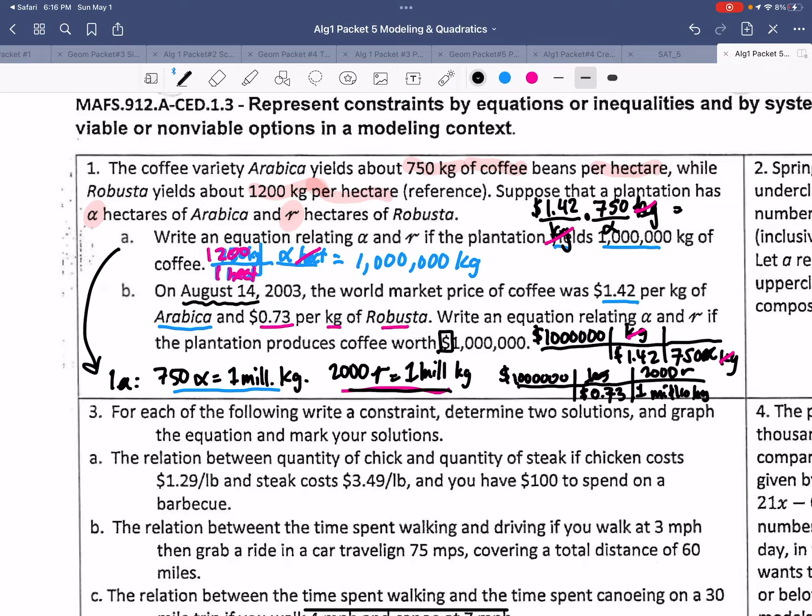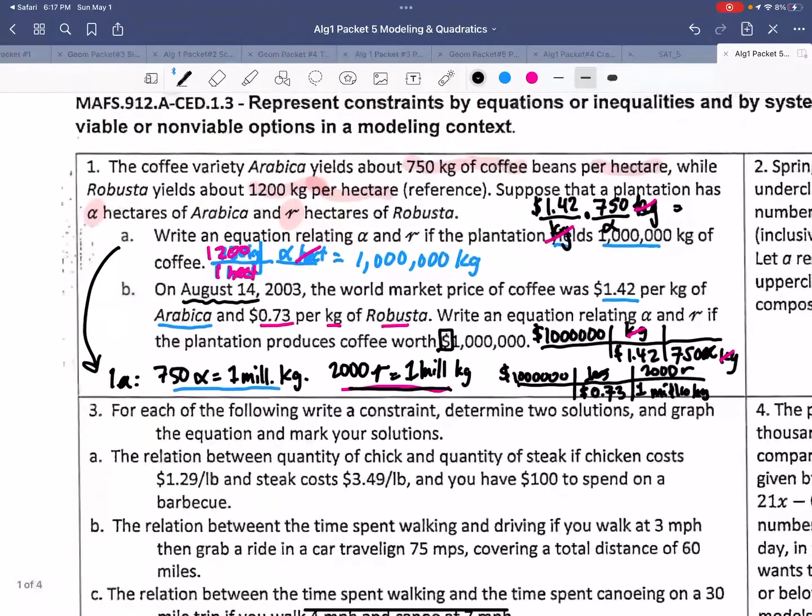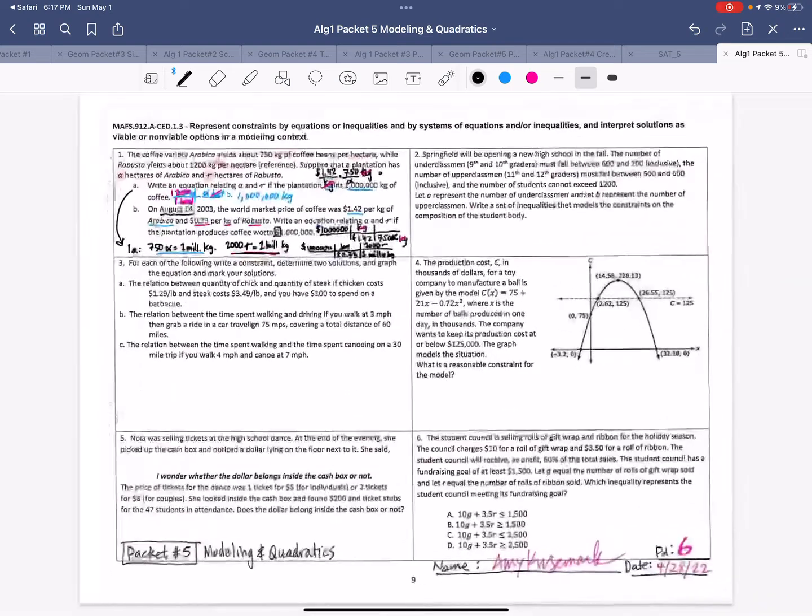Kilograms cancel, dollars cancel, and we have our equation. Believe it or not, that's all they want. They want us to put together an equation, and you probably wouldn't have to type this in. It would be multiple choice, and you'd pick one that they would accept.